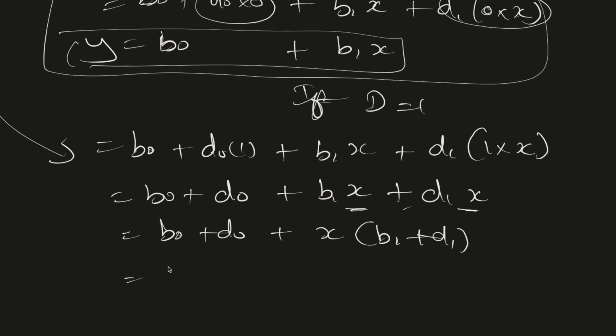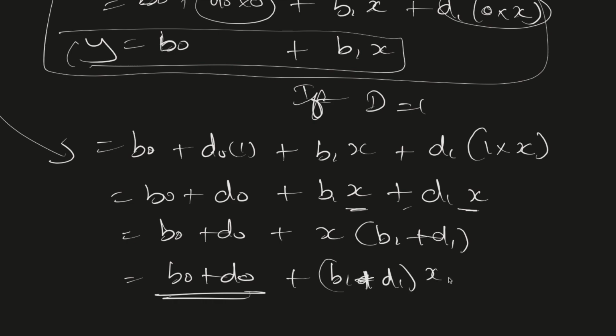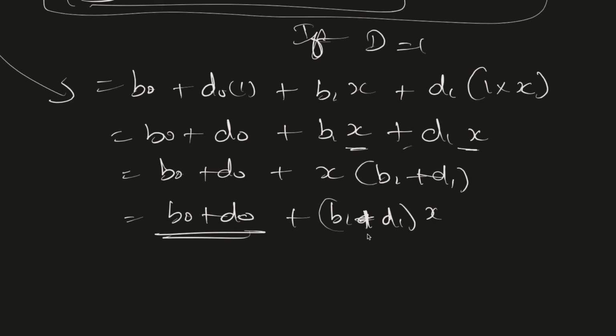So here b0 plus d0 is one group, plus (b1 plus d1) into x is another group.